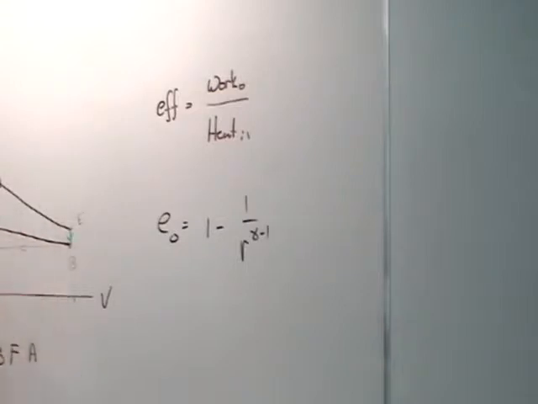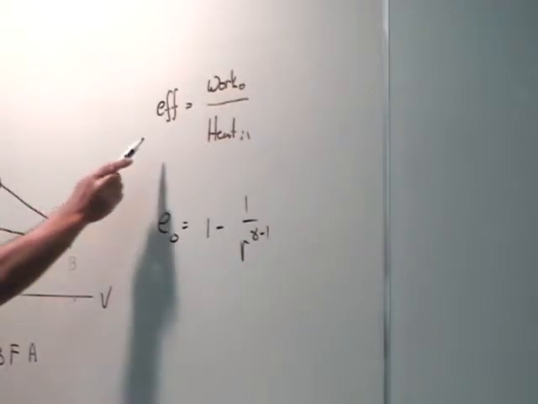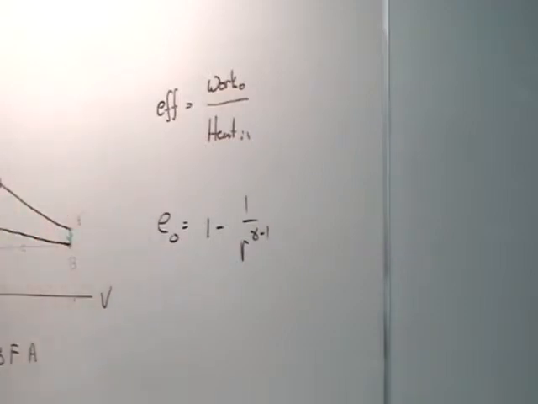This is the large volume, this is the small volume here. All right, so we worked that out for two reasons. One, of course, it's a very practical engine. It's very similar to the automobile engine that we use today. And it introduces the idea of talking about efficiencies on a PV diagram.